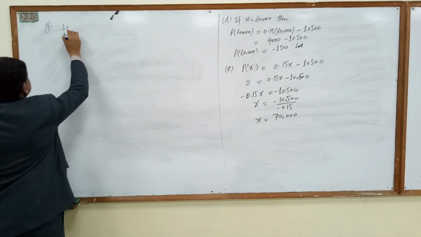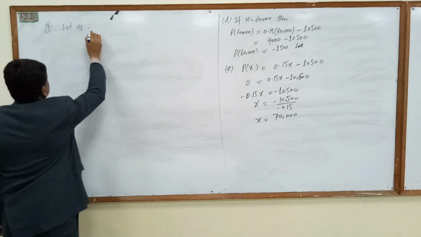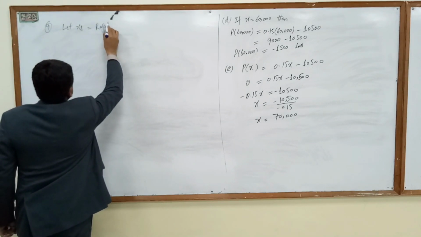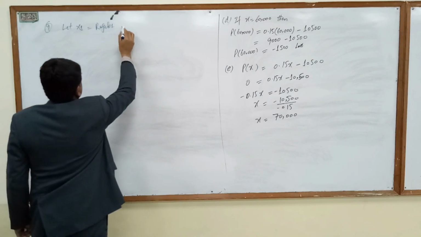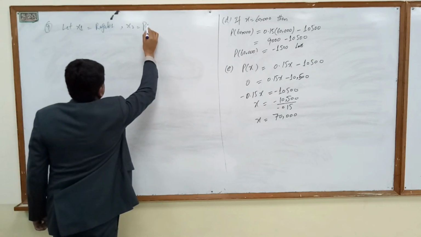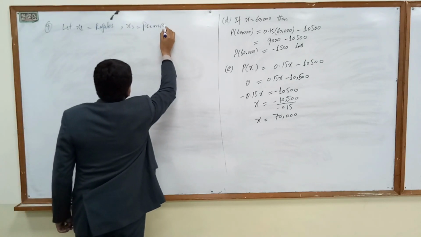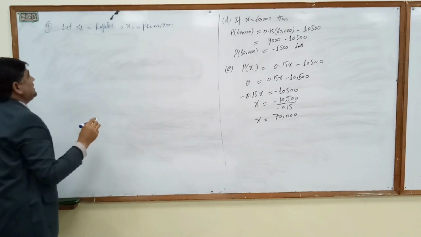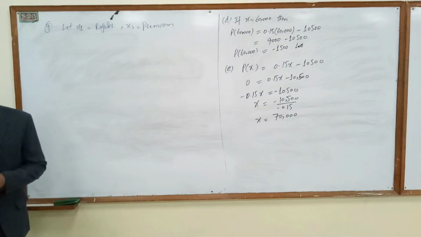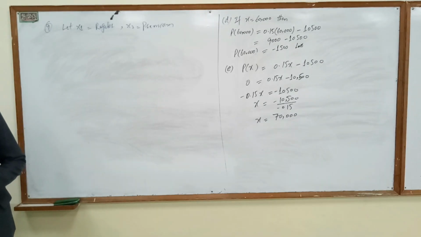Let X1 be regular, X2 be premium. So what is part A? Formulate the revenue function for selling X1 and X2 gallons respectively of the two grades of gasoline.